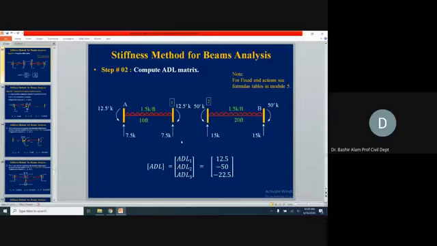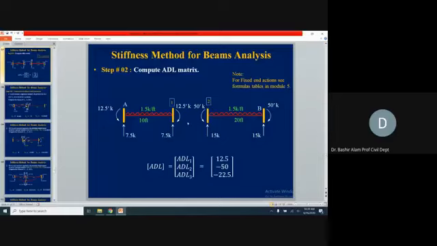Now, corresponding to D1, if you see this 12.5 kip-feet, it is in the same direction. So 12.5, this is becoming our ADL1. Corresponding to D2, we have this minus 50, which was rotation to the right of this hinge. So minus 50 is the corresponding, but it is in the opposite direction. So we take minus 50.